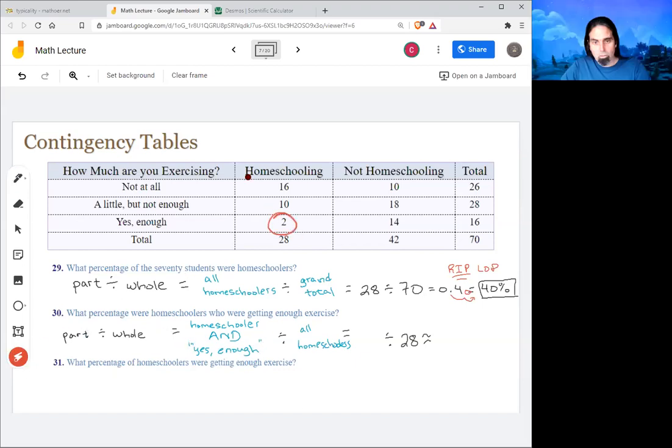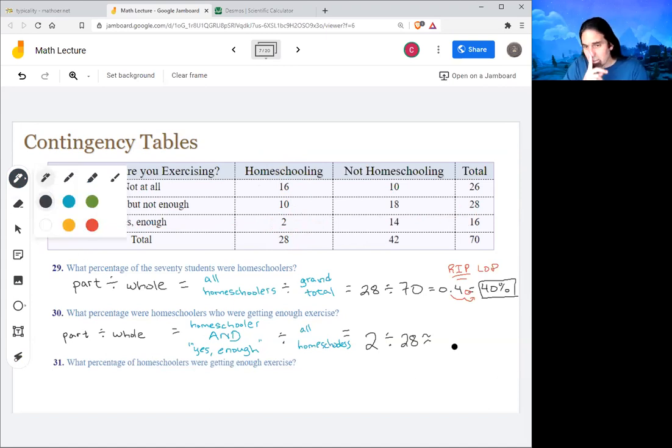The ones that are in the homeschooling, this is sort of like playing Battleship now. The ones that are in the homeschooling column and the yes enough row, that's just those 2, nobody else. So 2 divided by 28 is about 0.07.